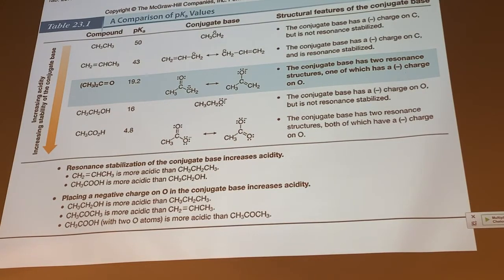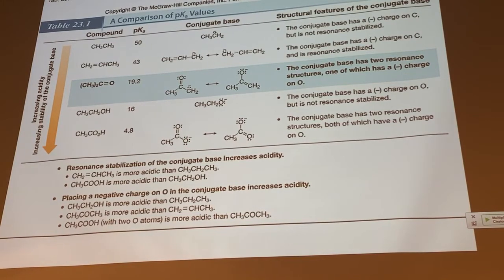Number 1 is that we have a resonance stabilized conjugate base. But we have a resonance stabilized conjugate base in propene. We can see the difference in acidity between ethane and propene means that that resonance is contributing about a factor of 7 to the stability of the conjugate base.